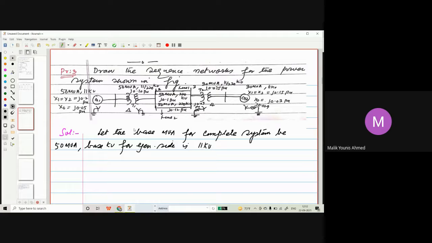You can choose any value, but I have chosen 11 kV on the generator side, and on the transmission line side, obviously that will be 220.